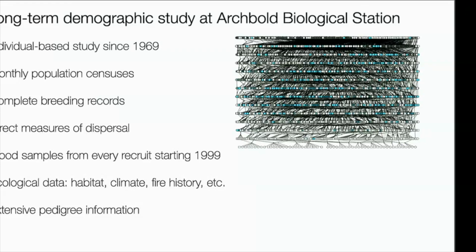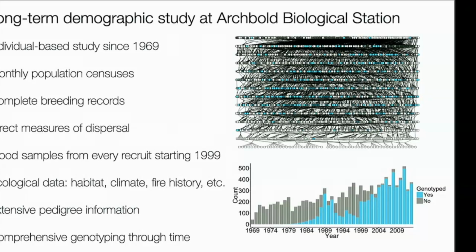So this mass of symbols and lines is our population pedigree. I only show it to show you we have a lot of data. I mean, not that much data, but quite a bit of data for a natural population. We also have fairly comprehensive genotyping of our population over time.